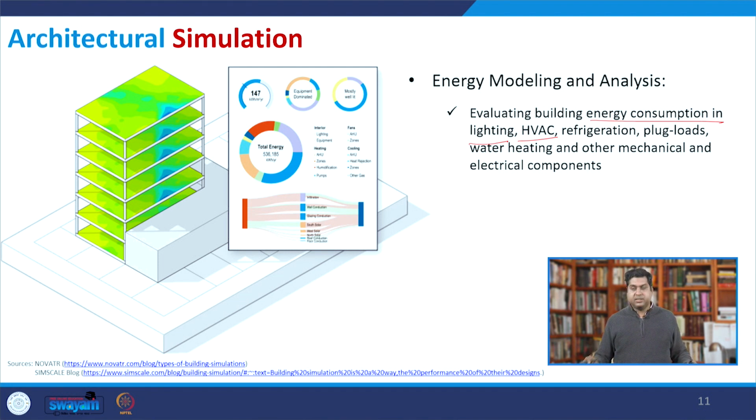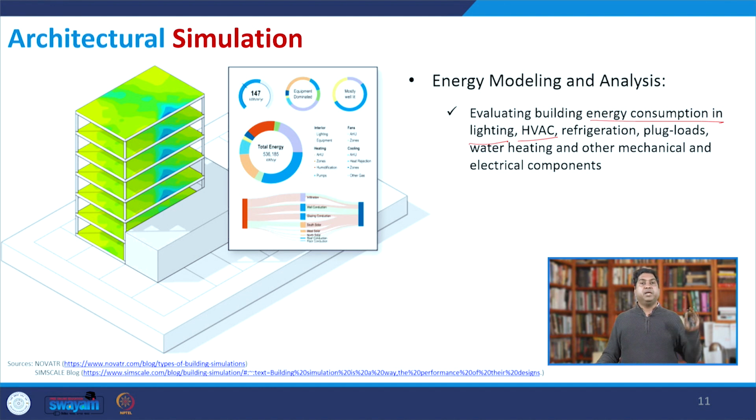So for all these artificial mechanical and electrical appliances, how the building is performing, whatever the total energy that you are consuming, and the proportion, say maximum in HVAC or minimum in lighting, you can simulate that, and then according to that you can change some of the design parameters.